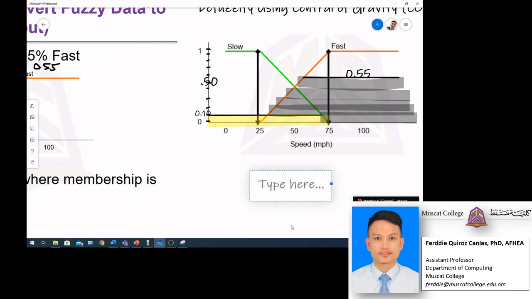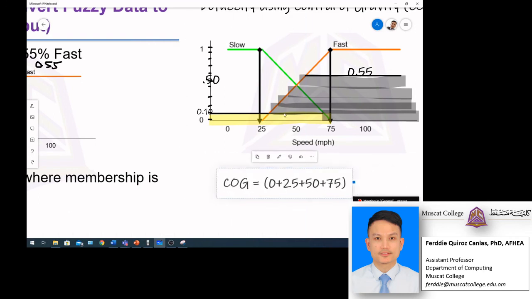So COG now would be this calculation. First we go for the slow: open parenthesis, 0 plus 25 plus 50 plus 75. Agree? For the value of slow: 0, 25, 50, 75, because this is the area highlighted for slow. Then you have to multiply it by the weight, which is 0.10.